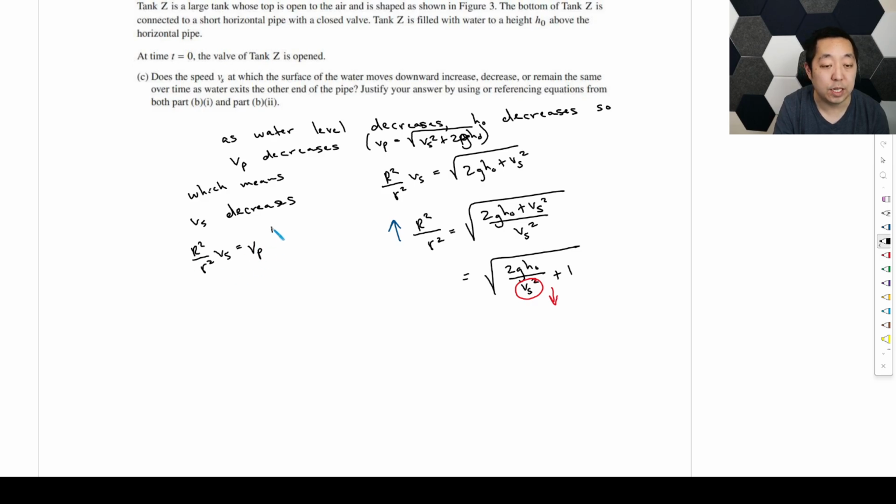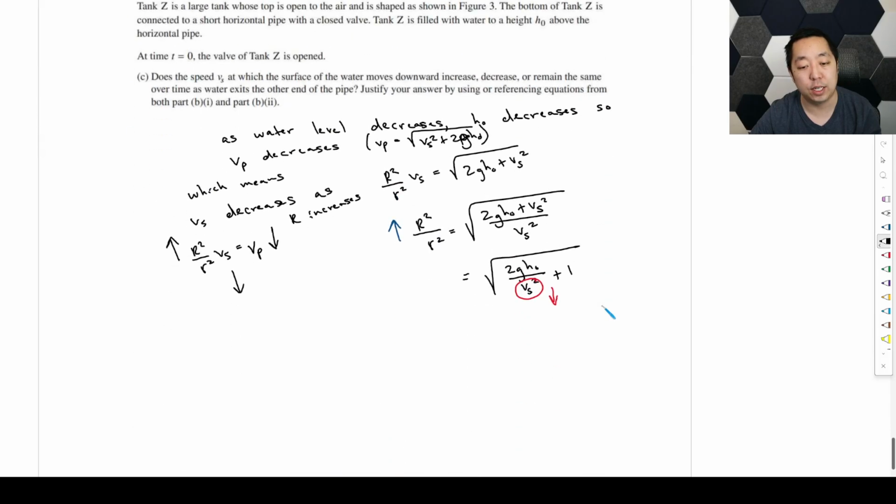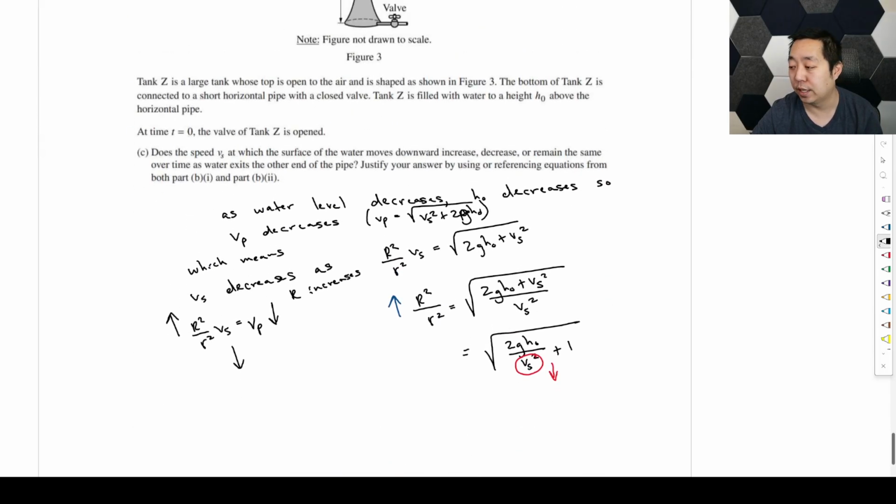Because if vp goes down and r goes up, vs decreases as r increases. Because r is going to increase and vp is going to go down, this thing definitely has to go down to compensate. Those are a couple of ways to justify it. You want to just refer to the equations and show that level of dependency. This one is a lot trickier, so I like picking that one to understand that dependency there.